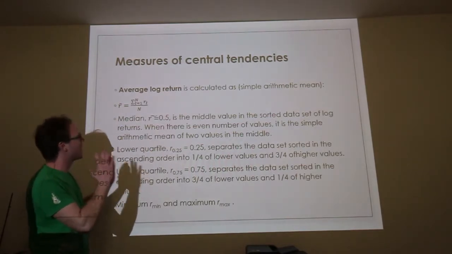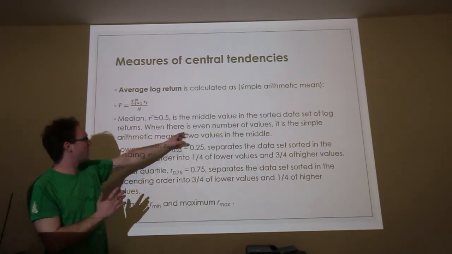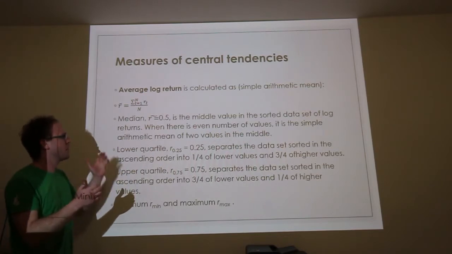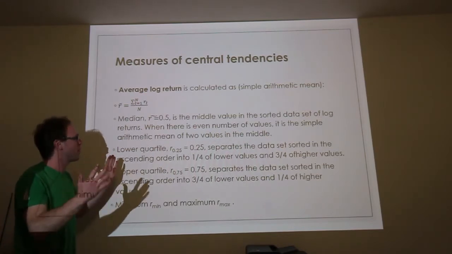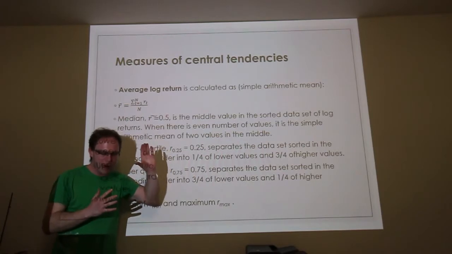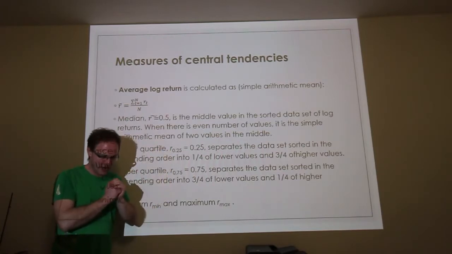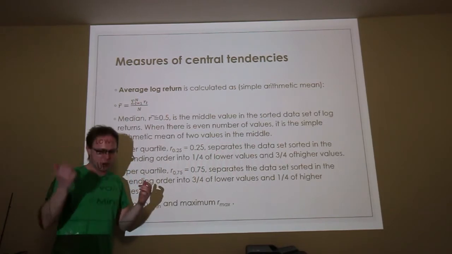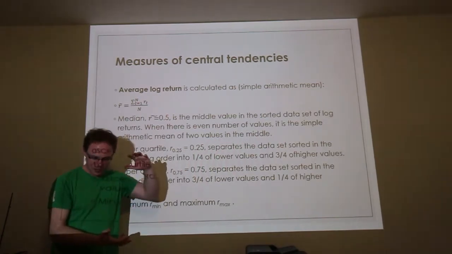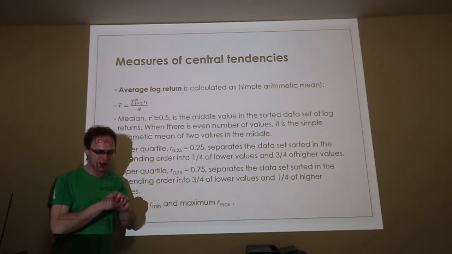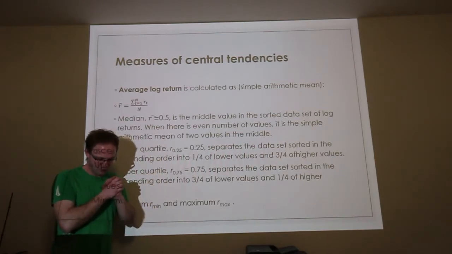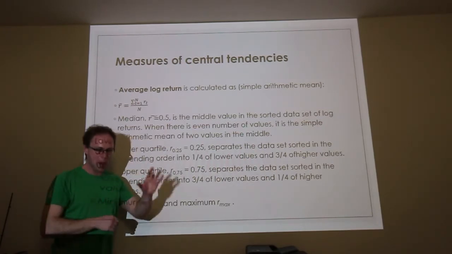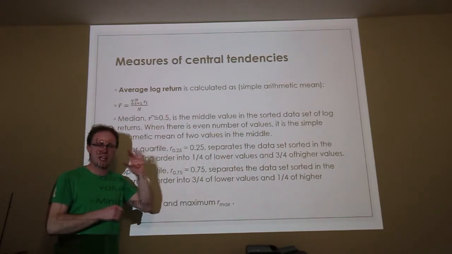When there is even number of values, it's a simple arithmetic mean of two values in the middle. It's very important to note that we have two cases. We can have odd or even statistical sample. Yes, if we have odd statistical sample, median physically exists.